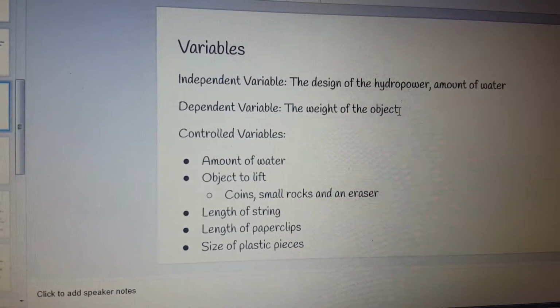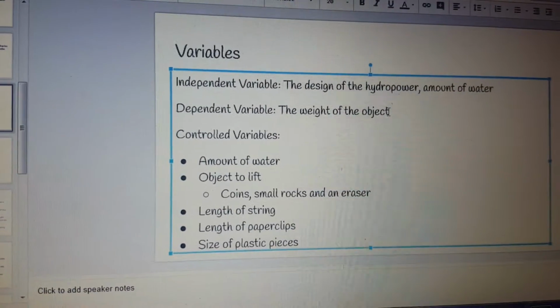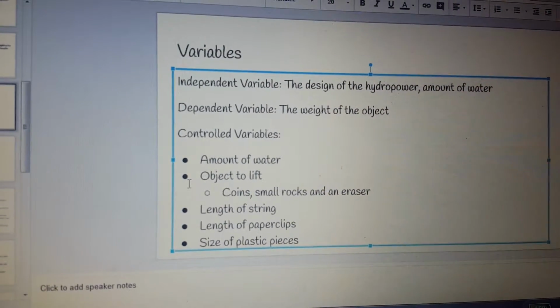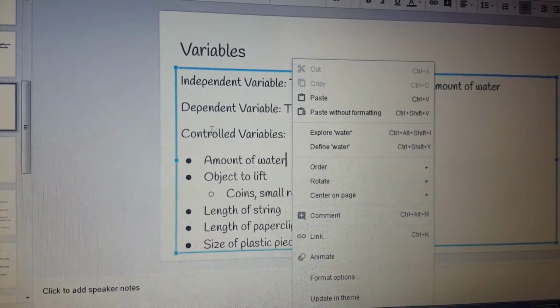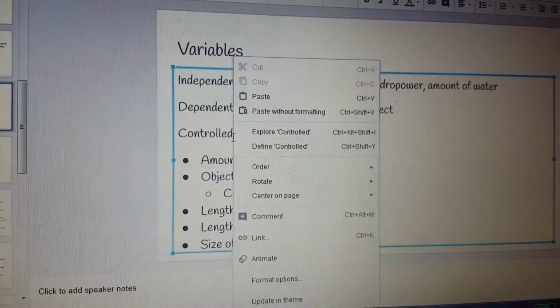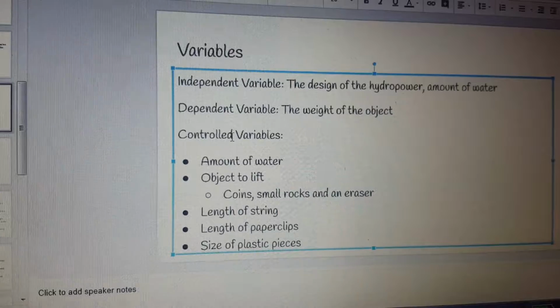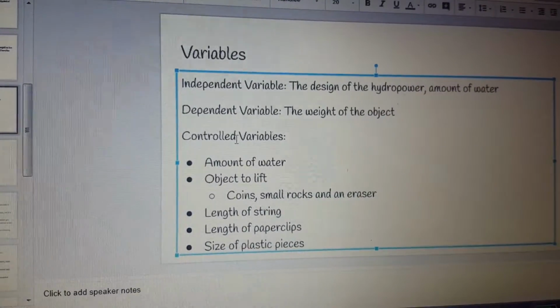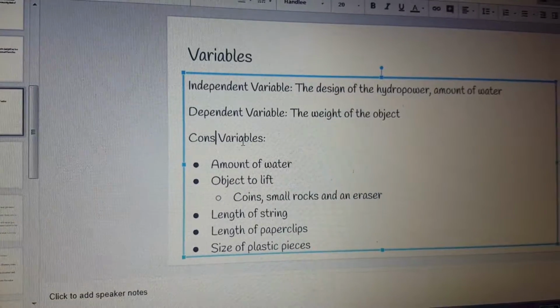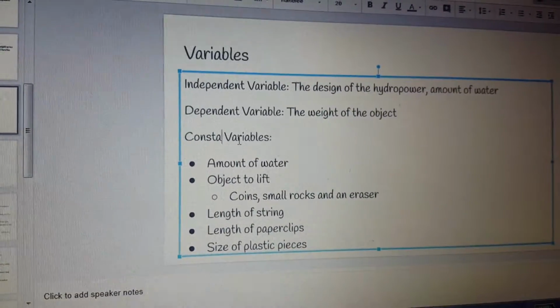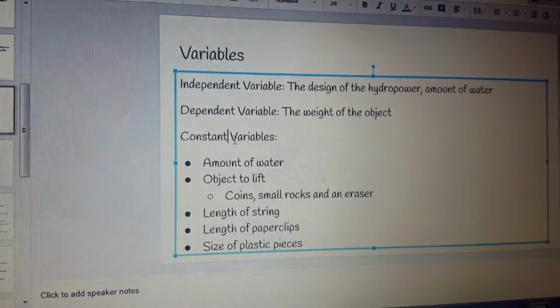It's not. The weight of the object is actually a constant because it's not going to change all of a sudden. And you wouldn't use the word controlled variables. What is the word constant? It means what you keep the same. So you want to say constant variable and not control.